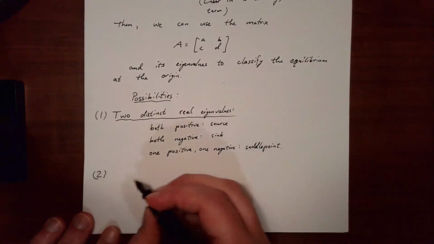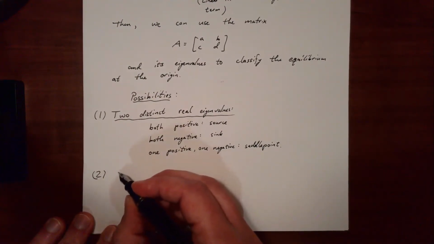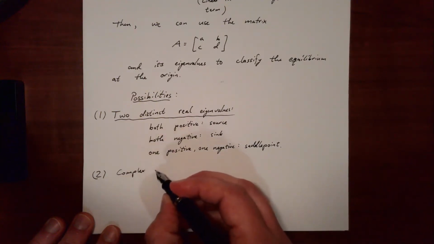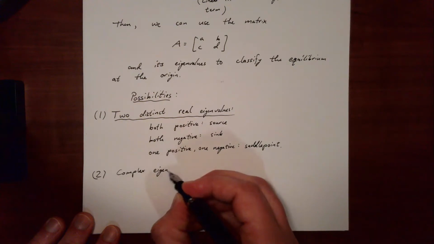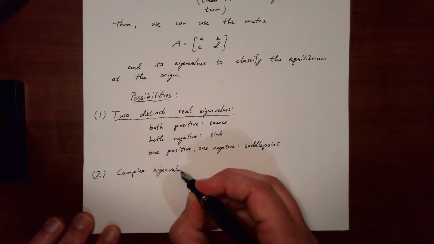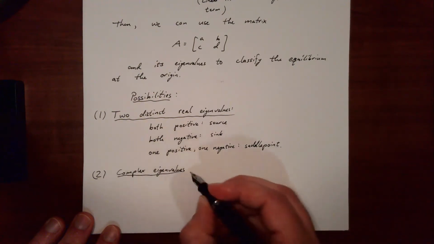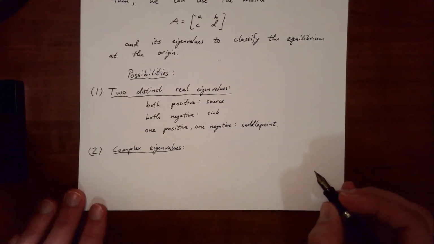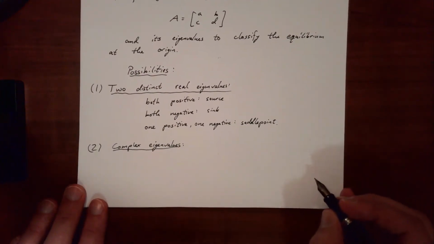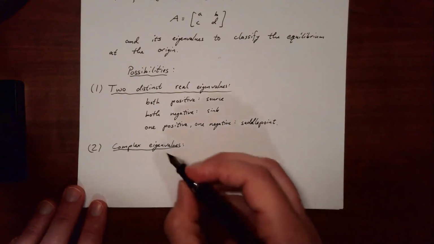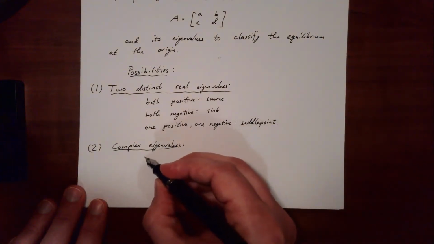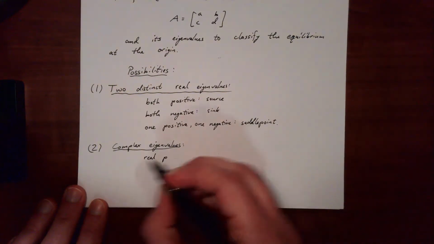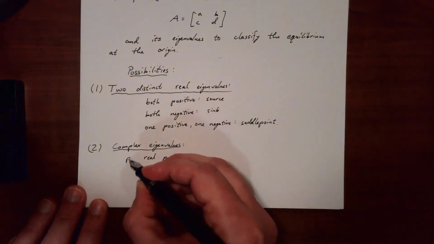Case 2, complex eigenvalues. And here we had something that involved some sort of rotation, either spiral, inward or outward, or else a center. So that's a positive real part.